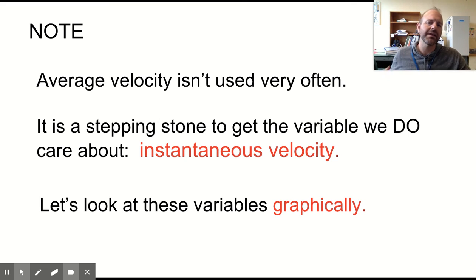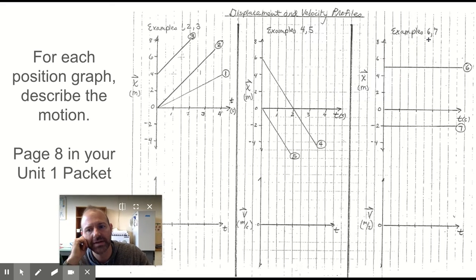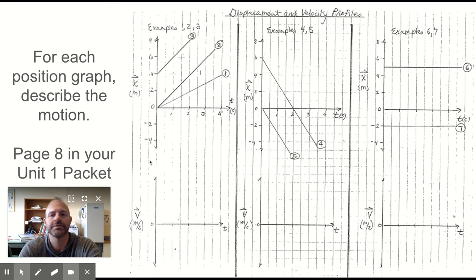So let's look at instantaneous velocity, which is how fast you're moving in a direction at a given moment, and a graph. If you have your packets, access to them, you can look at these. If you don't have them yet, this is posted for you on Classroom. There's a bunch of different position-time graphs, and we're trying to figure out what the velocity-time graphs look like.